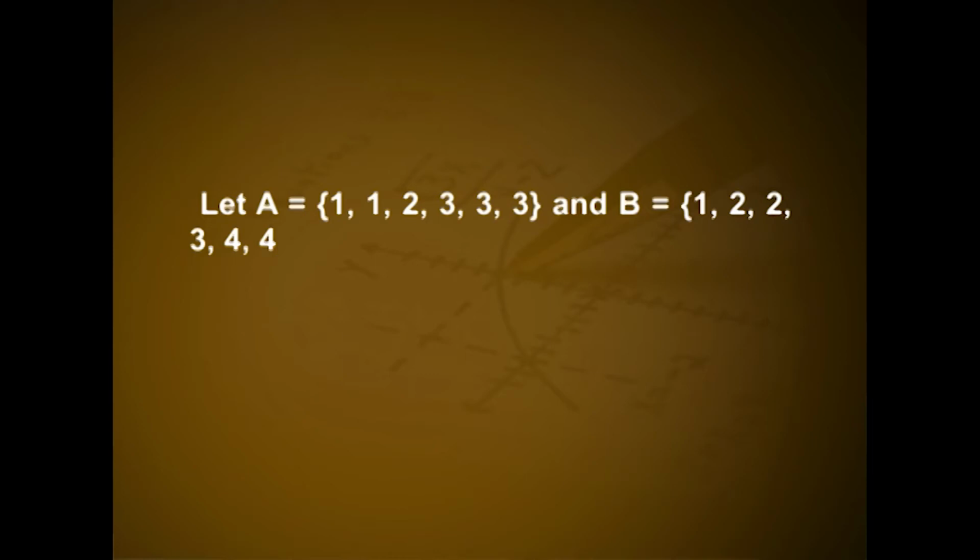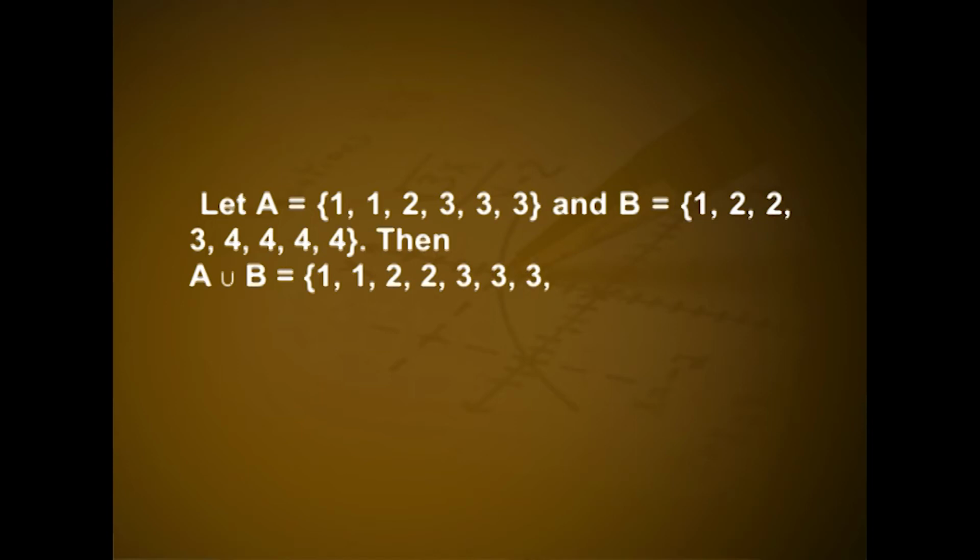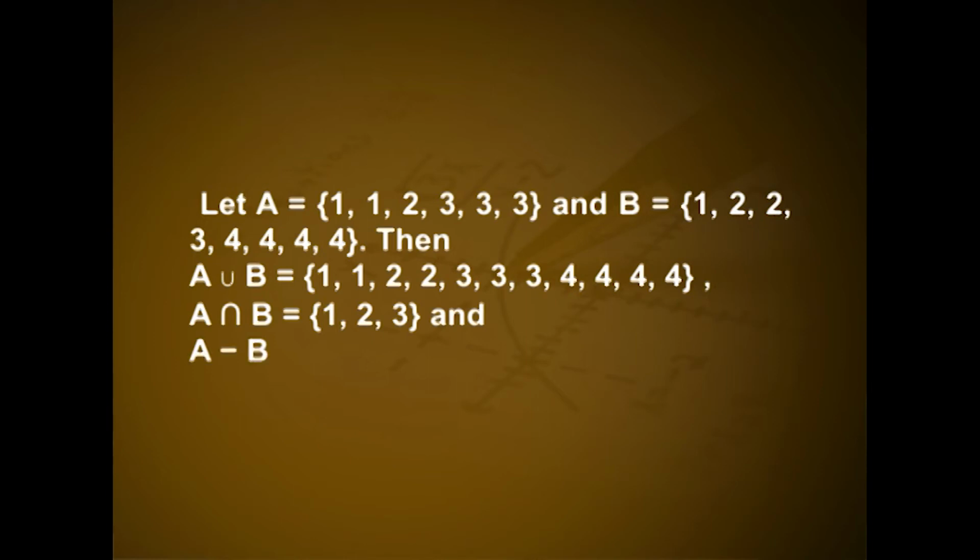Example, let A equals set {1, 1, 2, 3, 3, 3} and B equals set {1, 2, 2, 3, 4, 4, 4, 4}, then A union B equals {1, 1, 2, 2, 3, 3, 3, 4, 4, 4, 4}, A intersection B equals {1, 2, 3} and A difference B equals {1, 3, 3}.